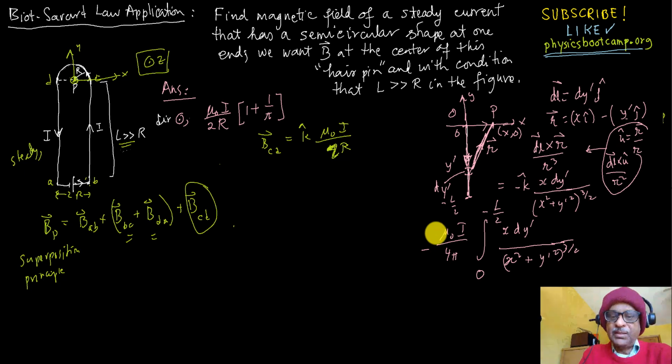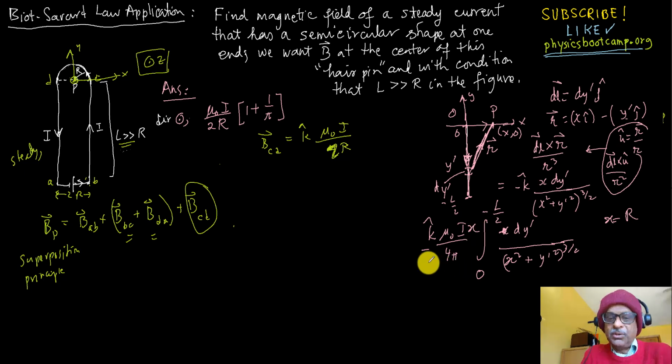And this k hat. Well, this x is actually equal to r for us. x doesn't depend on anything, so the x is like that.